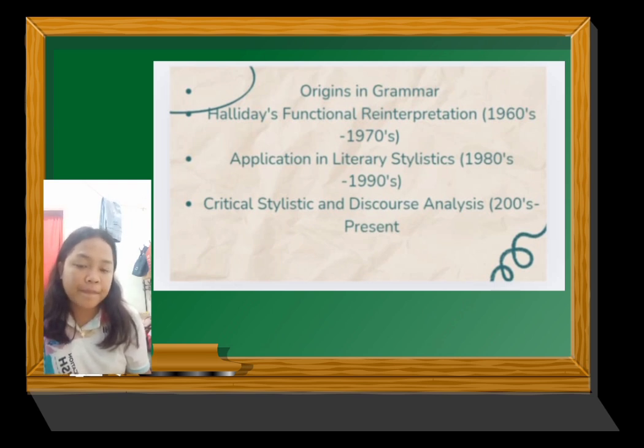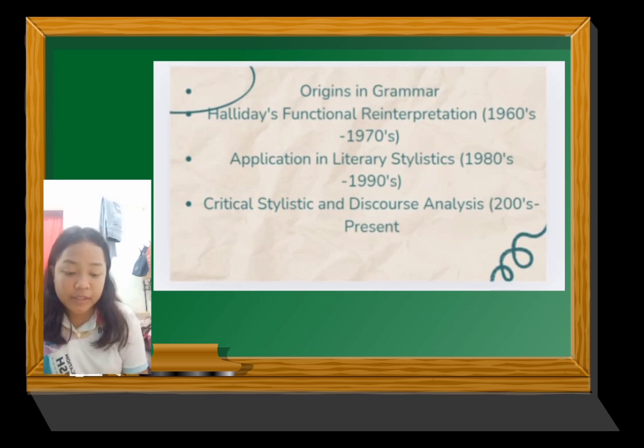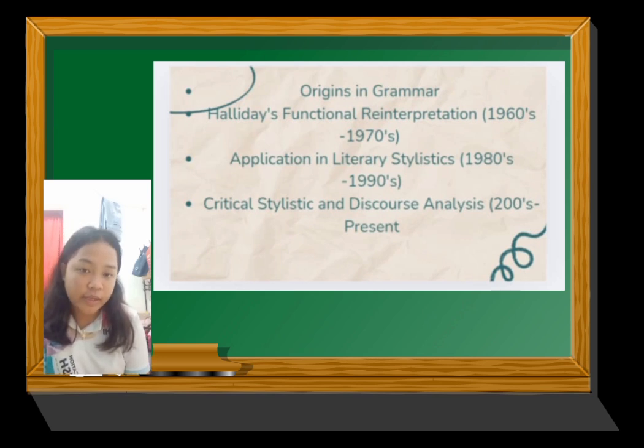There is also transitivity application to multimodal texts, such as how visuals and language distribute agency. And lastly, we have transitivity used in cognitive stylistics to explore how readers process transitivity choices and their effects on empathy and evaluation.